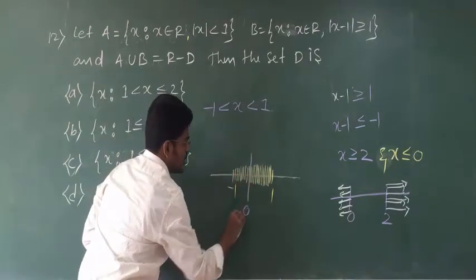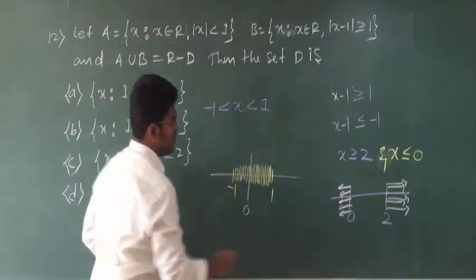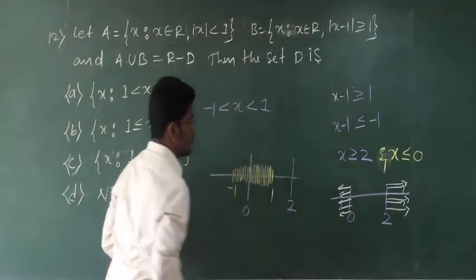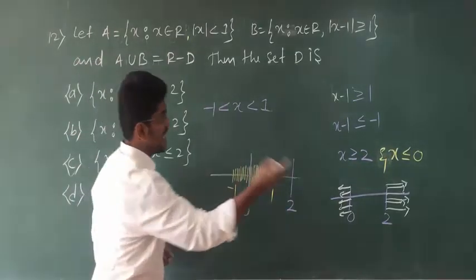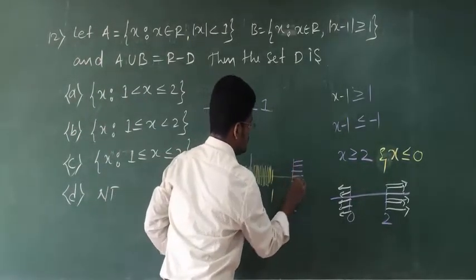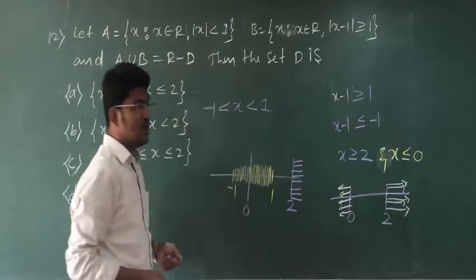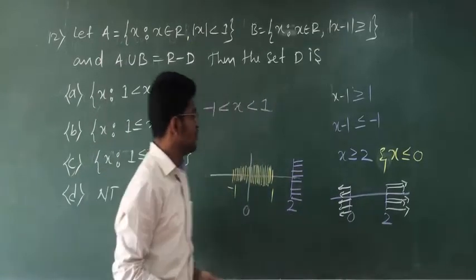Somewhere here you are going to have 0, no problem. Here you are going to have 2. Okay. Greater than 2. Clear? Lesser than 0.